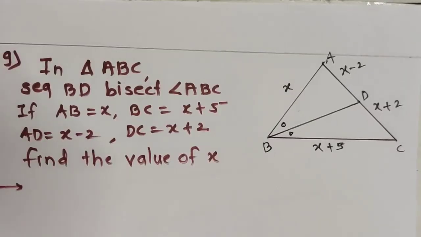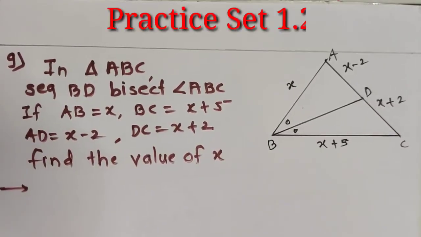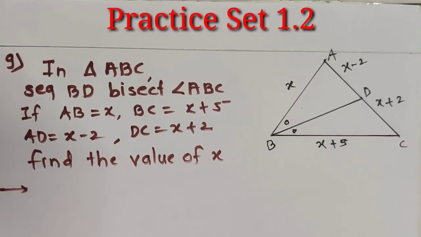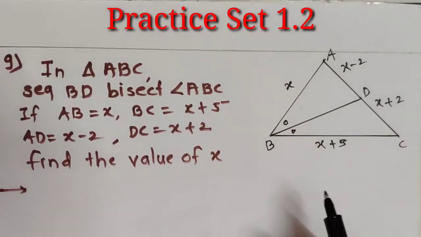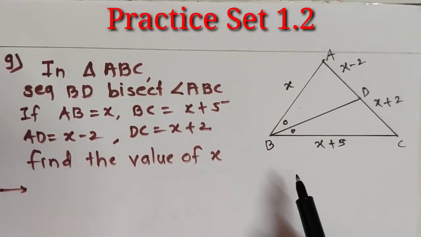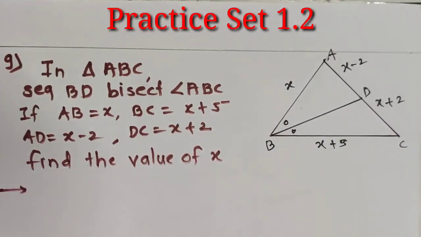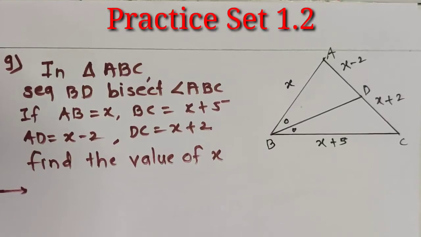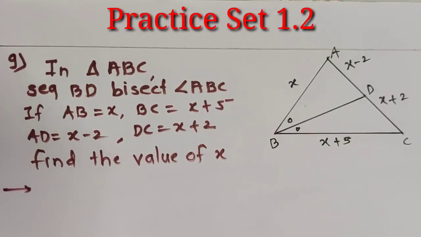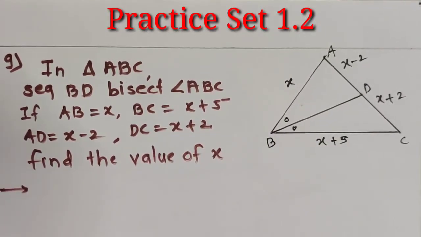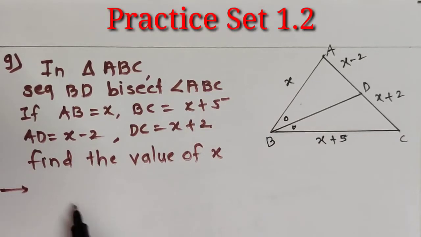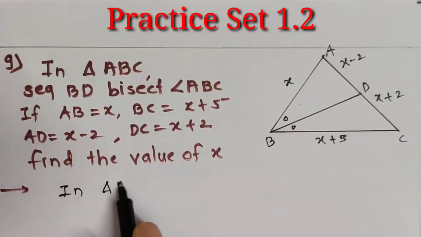Students, here it is the ninth sum. In this sum, BD bisects angle ABC is already given. Whenever the bisector is given, we have to use the angle bisector property, and the lengths of some segments are given. So directly use the property in triangle ABC.